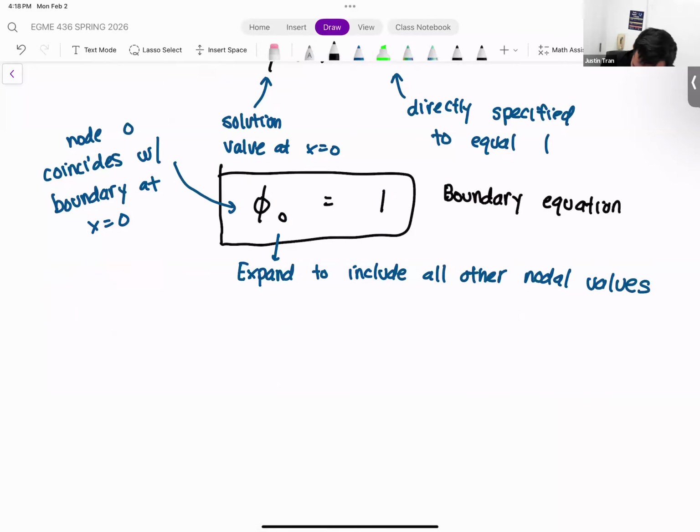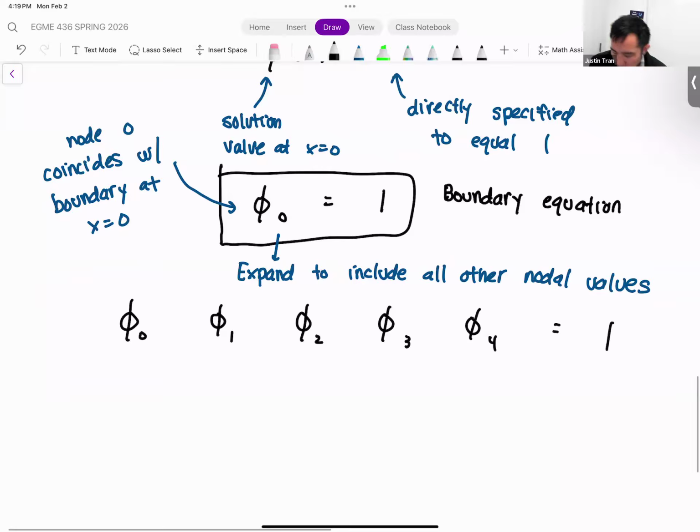So what are all the nodal values? What I mean is the values of phi at every single node in our grid. In our situation we have 5 nodes: phi 0, phi 1, phi 2, phi 3, phi 4. So that equation has all of our nodal values.